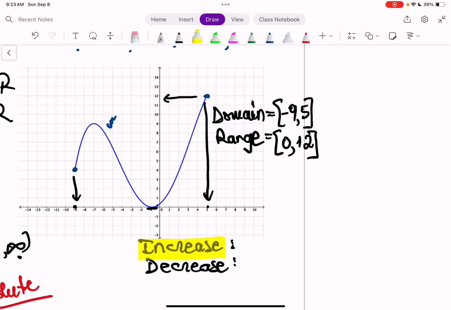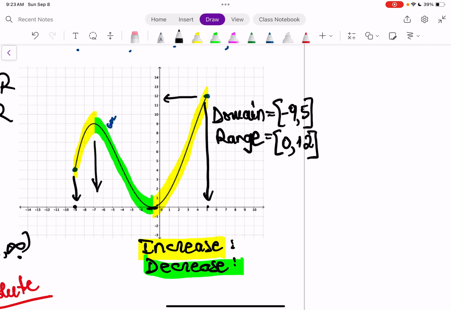And let's read the intervals of increase. Let's first go up, up, up to here. Then it's going to head down. And then it looks like the graph is again heading up. And what I'm reading is the x-coordinates of these boundary points.